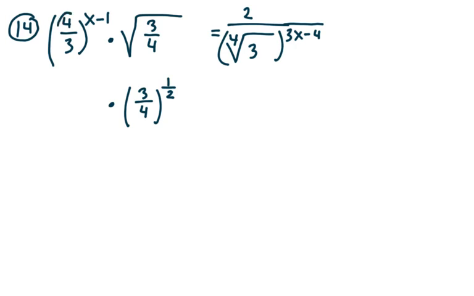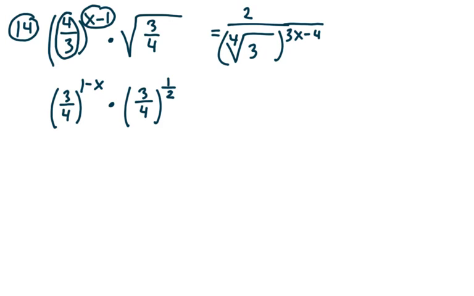If I take this 4/3 and write it as 3/4, what I essentially need to do to that exponent is change the sign. So in other words, this is going to become 1 minus x. So I get 3/4 to the 1 minus x times 3/4 to the 1/2 on the left side.